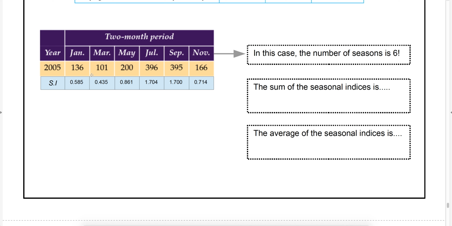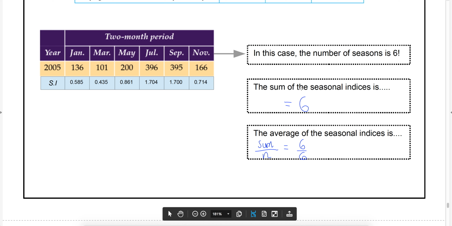Now these have been rounded off to 3 decimal places. If you add them up, you get something like 5.999, which of course, when you round it, is equal to 6. So when you add them all up, you should get 6. This means that if you want the average, that's obviously going to be the sum divided by however many there are.